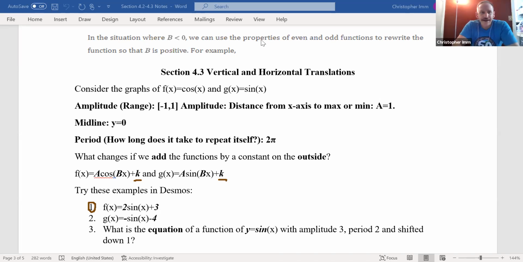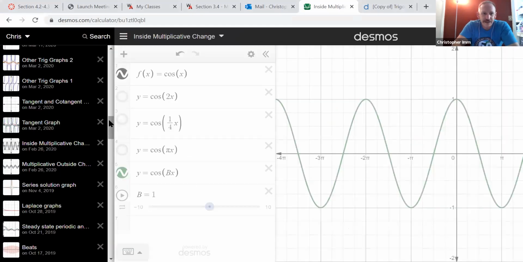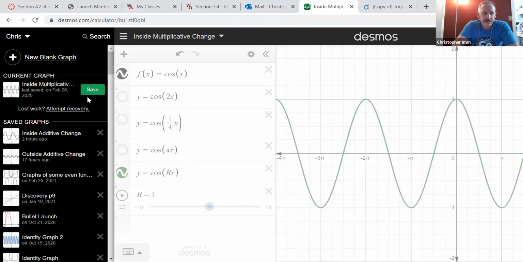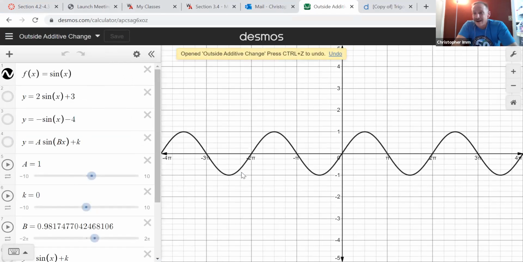Let me see here. We're looking at additive outside changes. Okay, so there's the graph of sine. It looks a little bit different, right? We start at 0, we go over to 2 pi, and it has an amplitude of 1.